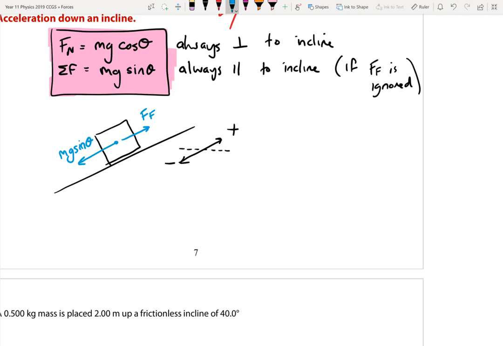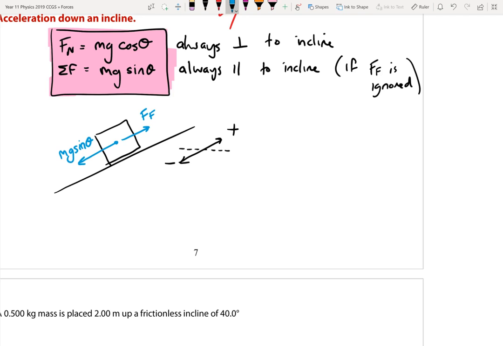So I can make the cheat that the sum of all forces acting on this eraser are 0. And so if I know m and g and sine theta, I know that the force acting down the incline is mg sine theta. The frictional force must be equal and opposite. Now look what happens as I increase the force acting down the incline. Eventually, you meet the limit of friction.